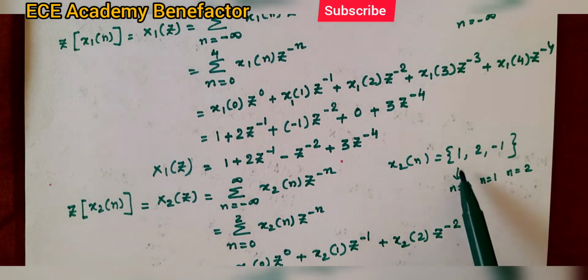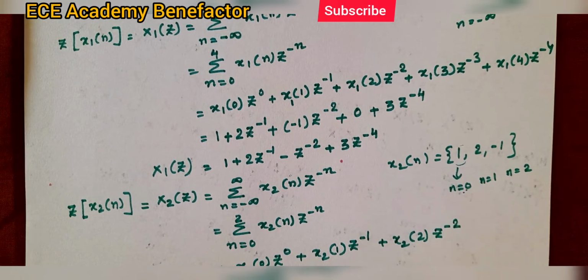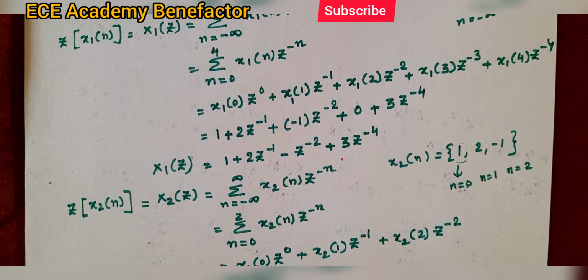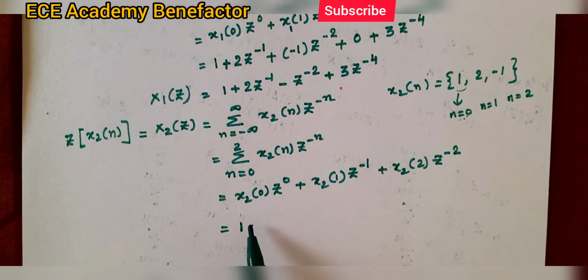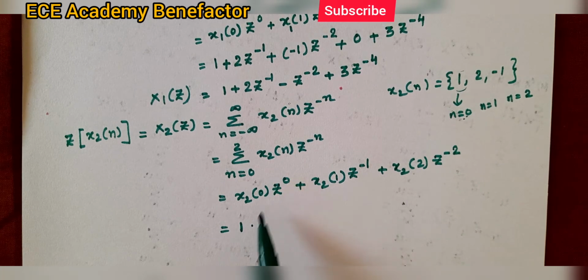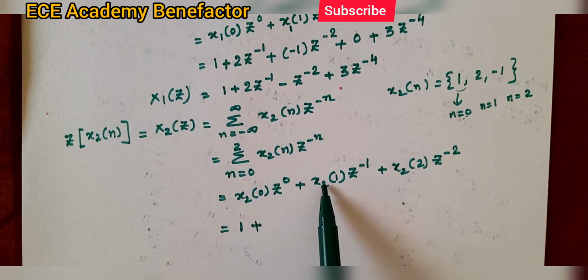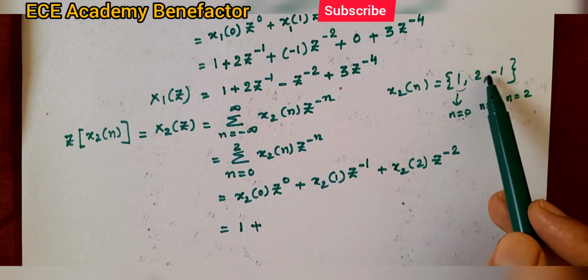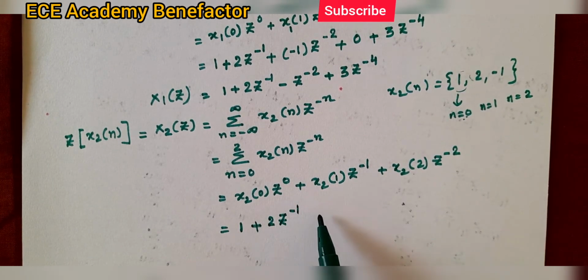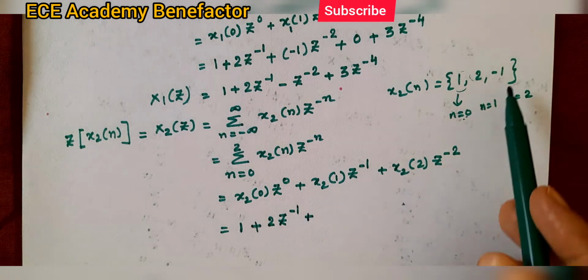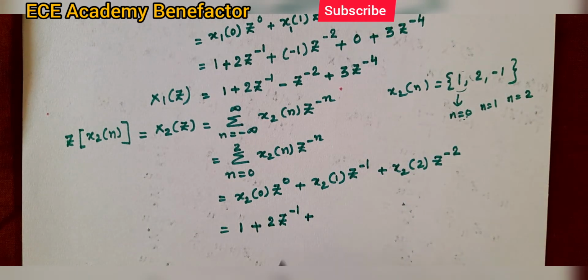x2 of 0 value is how much? 1. Z to the power 0 value is 1. So we will substitute here: x2 of 0 value is 1 and this value is 1, plus x2 of 1, x2 of 1 value is 2, 2 z to the power of minus 1, plus x2 of 2, x2 of 2 is how much?